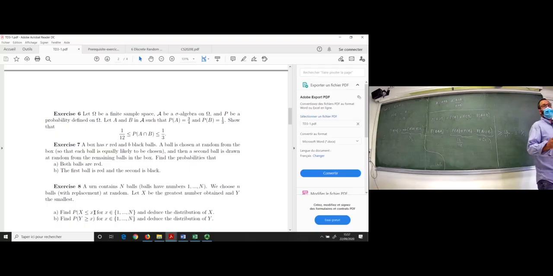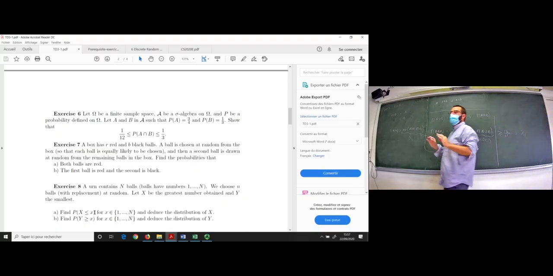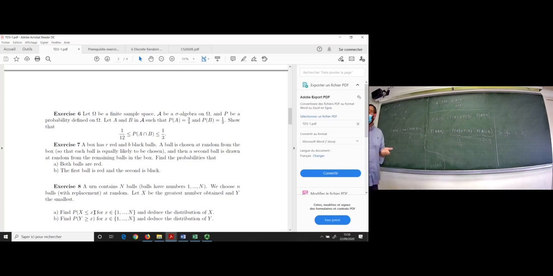And I repeat that here, I have made no hypothesis on independence, or on one set being included in the other. So it's not possible for you to solve this one if you take a very particular example, because I want the result in great generality. It's possible to do a picture if it may help you, but you have to take a general picture, that is a case where A intersected with B is a priori not empty.